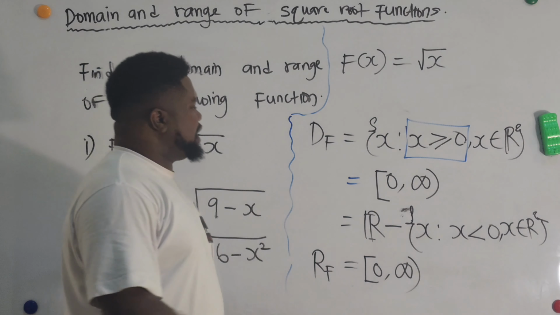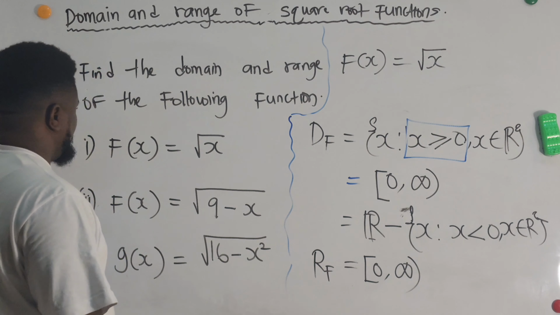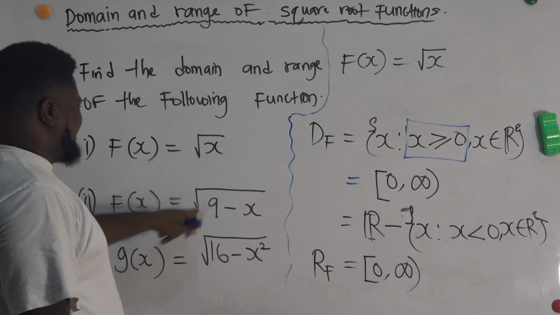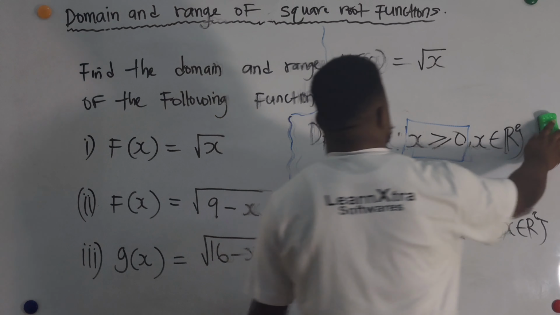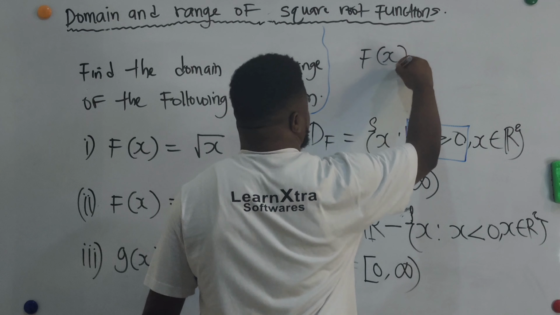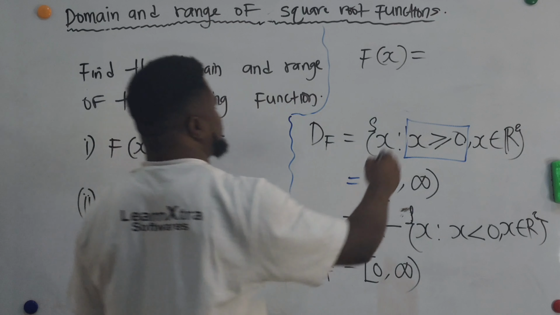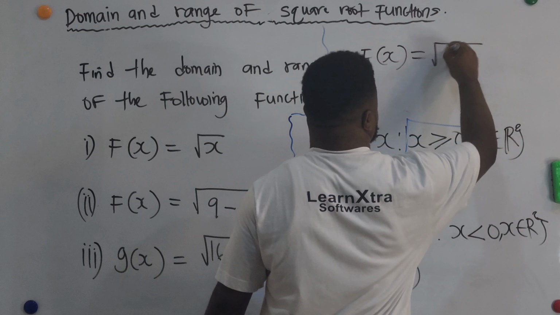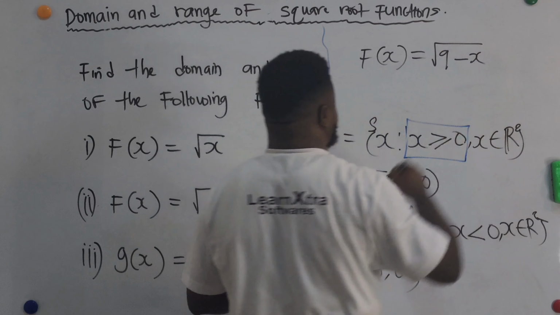Now let's solve question 2. Question 2 says root of 9 minus x. It's just simple. f of x is equal to root of 9 minus x.